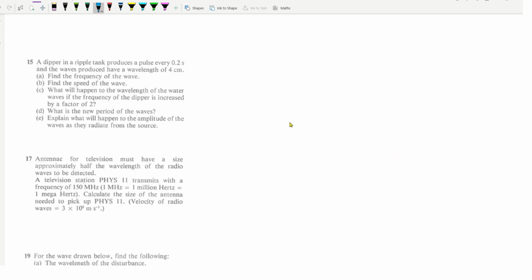A dipper in a ripple tank produces a pulse every 0.2 seconds, and the waves produced have a wavelength of 4 centimeters. Okay, so if I'm going to take the information, more or less there is a dipper which goes back and forth, up and down, and it makes a splash at a point.